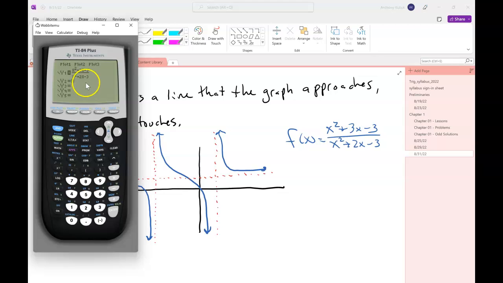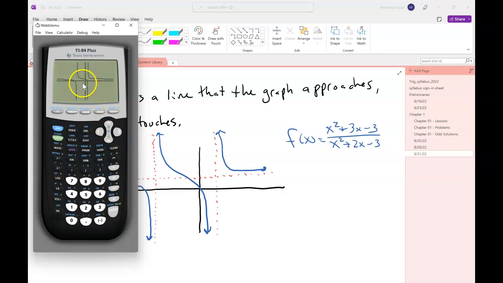Okay, so once we have that typed in, I don't remember what the last thing I graphed was, so I'm going to press zoom standard just to put me back in a regular sized window. So this is what my calculator gave me. Is everybody okay with that? You guys get the same thing? Okay.